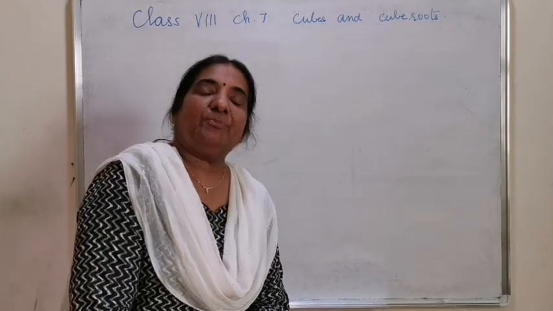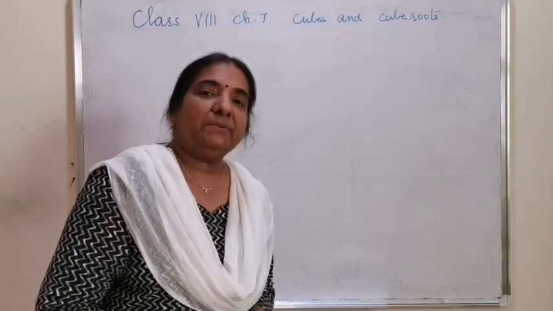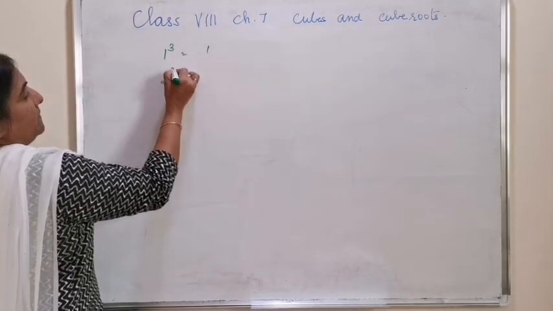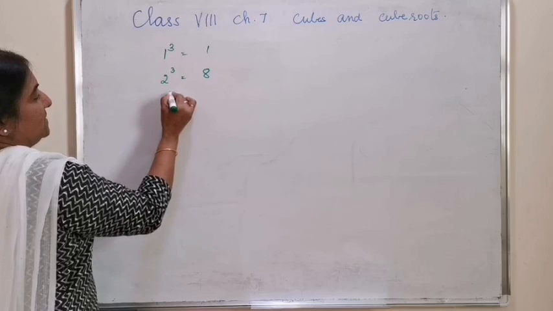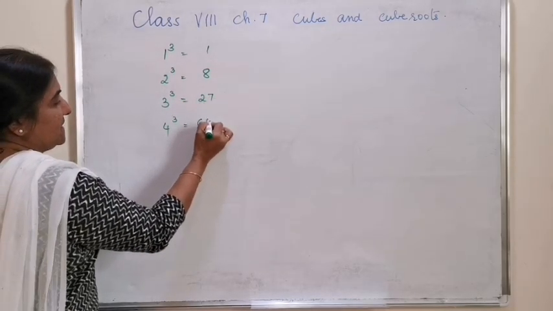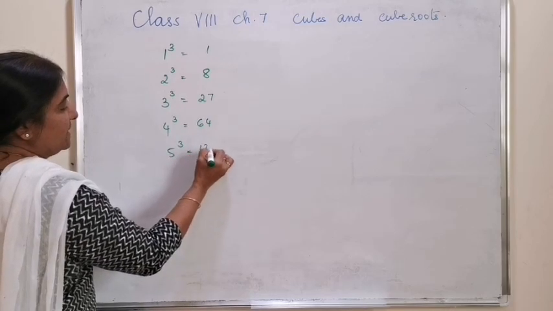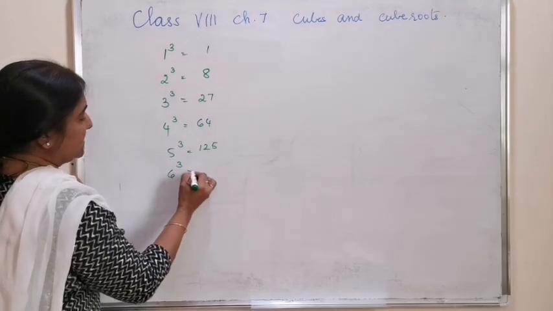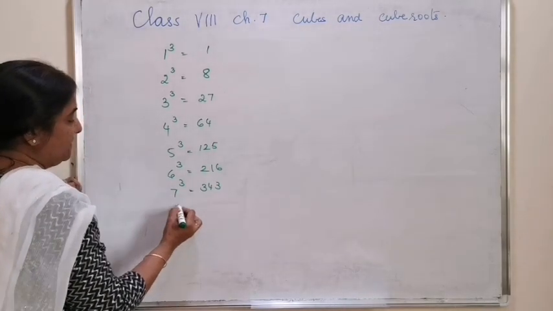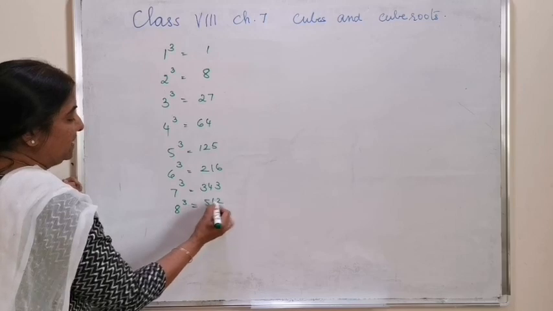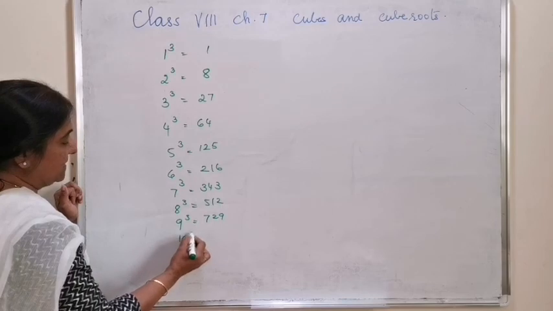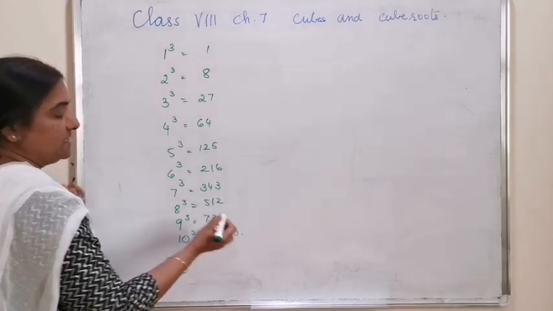Let us take the cube of numbers from 1 to 10. 1 cubed is equal to 1. 2 cubed is equal to 8, 3 cubed is equal to 27, 4 cubed is equal to 64, 5 cubed is equal to 125, 6 cubed is equal to 216, 7 cubed is equal to 343, 8 cubed is equal to 512, 9 cubed is equal to 729 and 10 cubed is equal to 1000.